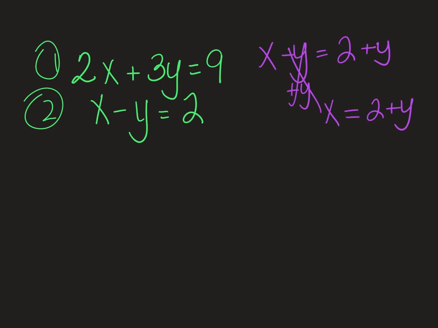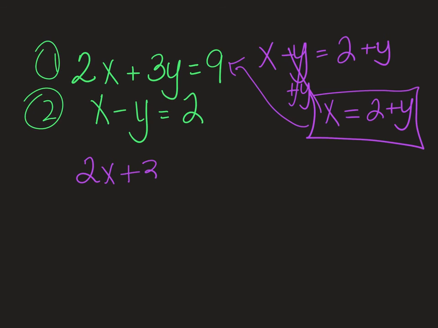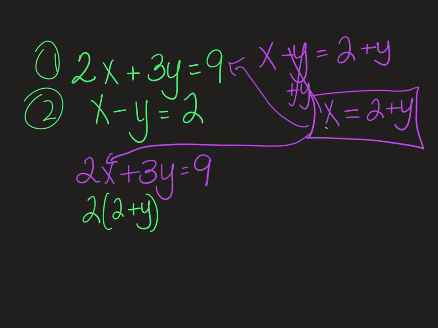Now I'm going to substitute this into the first equation, which is 2x plus 3y equals 9. I'm going to substitute that for x: 2 times 2 plus y, because that's what the value of x is, plus the 3y equals 9.